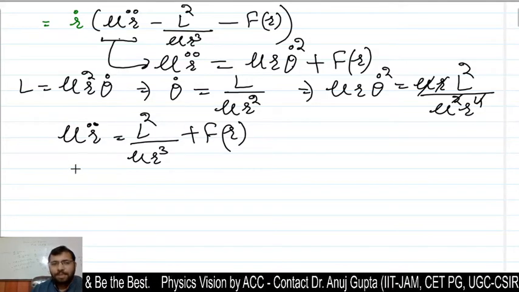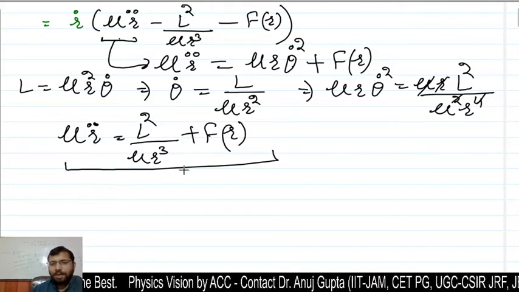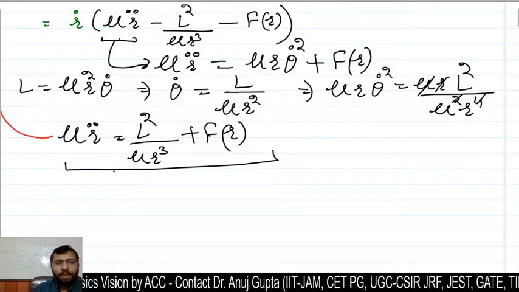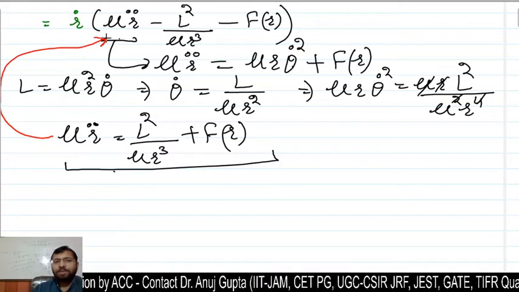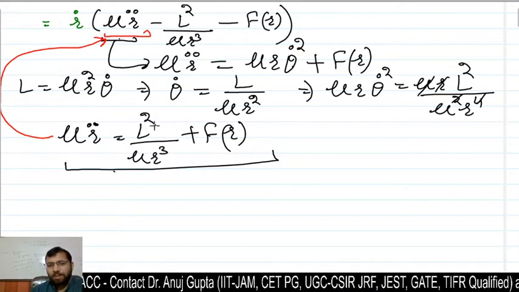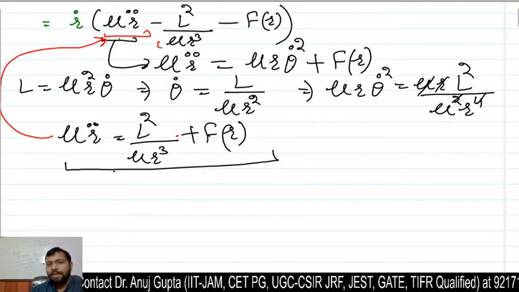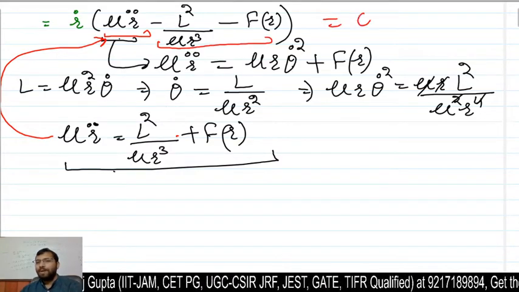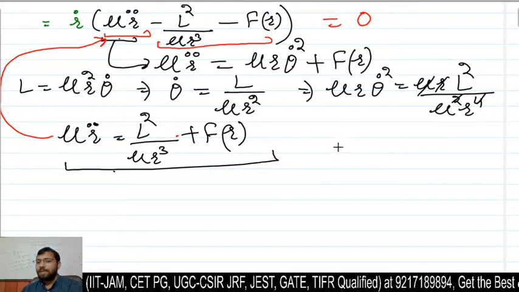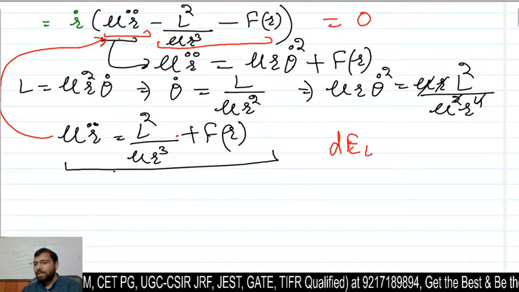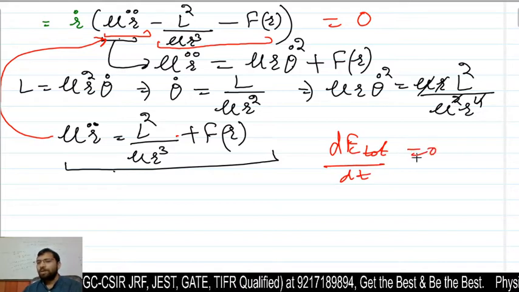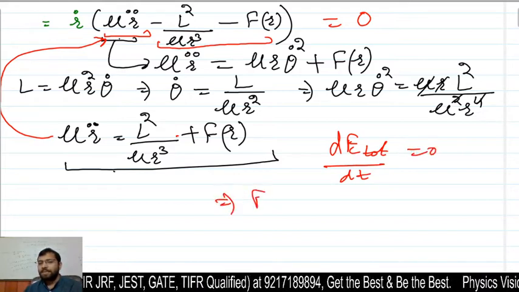And since this is equal to this, by putting this value in this equation, these two terms are absolutely same as that of this, so this will give us a value 0. And since d total energy upon dt gives you a 0, we can say energy is conserved in the system.